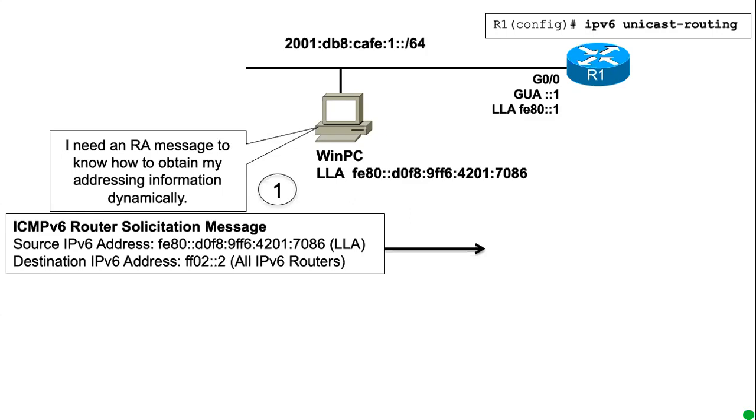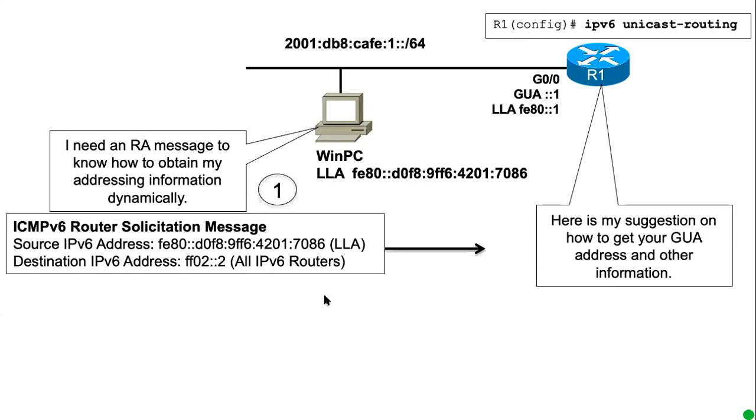That will be sourced from either its link local address or the unspecified address, meaning all zeros. The router solicitation message is sent to the multicast address, all IPv6 routers.